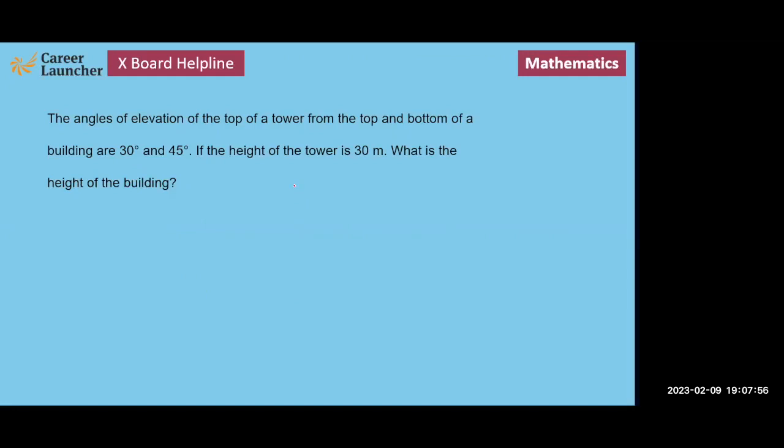So let's say we have a tower here. So let's say this is a tower, and this tower is 30 meters tall. And let's say we have a building out here. This is 30 degrees. This is 45 degrees.